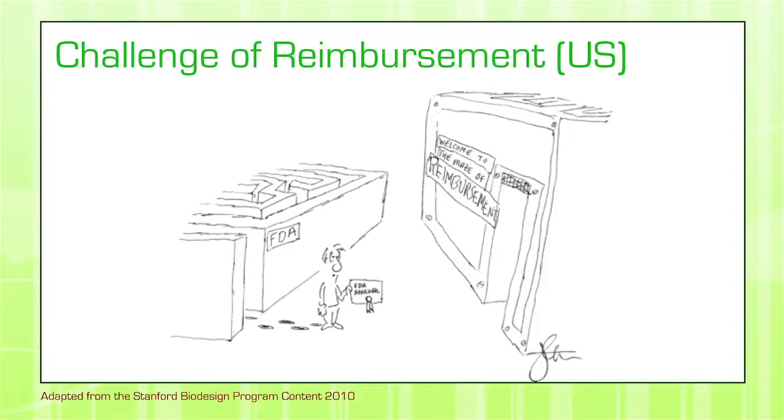Well, one of the first things that you have to notice is that after getting FDA approval, your journey has just begun. If FDA is sometimes perceived as a maze with a lot of puzzling things and hurdles to overcome, getting reimbursement and knowing exactly your reimbursement strategy, whether you apply to a certain code and whether your price point is tailored to a certain reimbursement code, might be an even bigger maze.